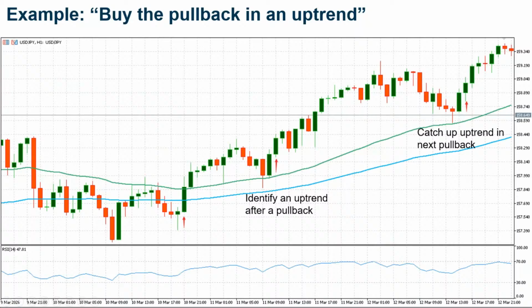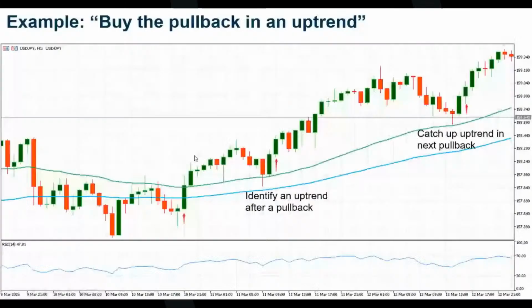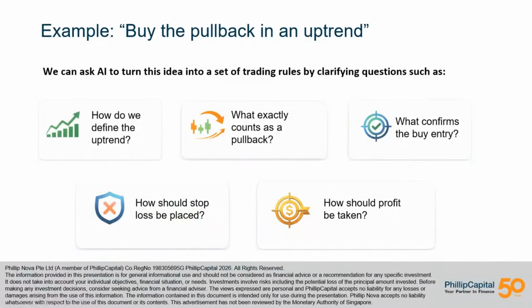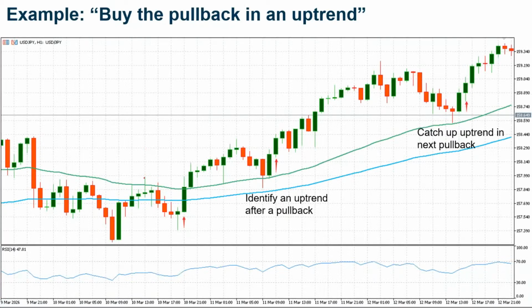As you can see, how do I identify the uptrend? Let me get my pen. I can see the trend line, higher highs, right? I can see the moving average is going up. So this all gives me the idea that it is an uptrend, and then I buy the pullback.